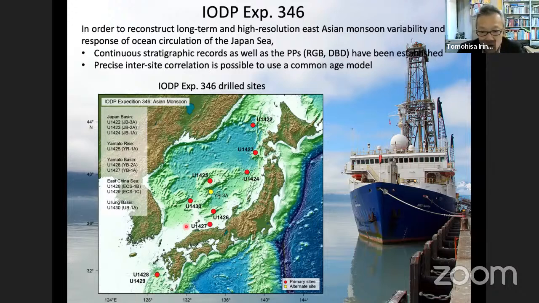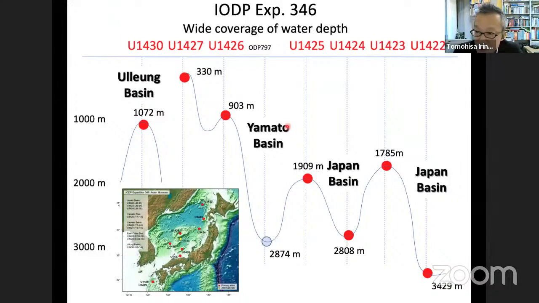We aim to make a precise inter-site correlation to control the ages for all the sites. And the sediment cores collected during this cruise cover a very wide range of water depths.